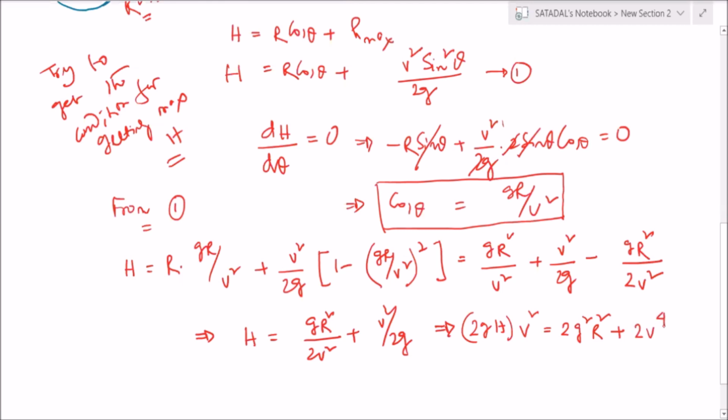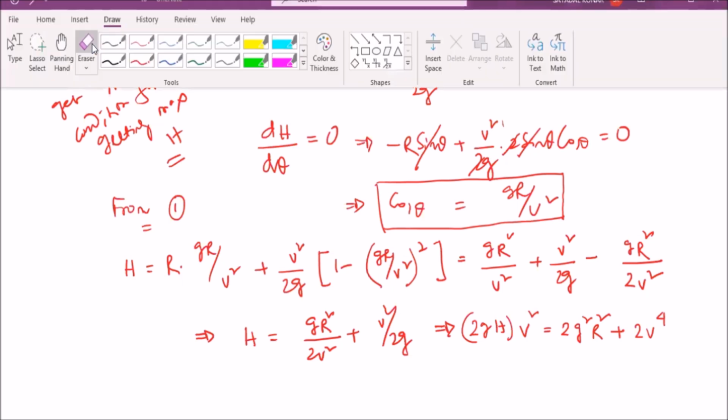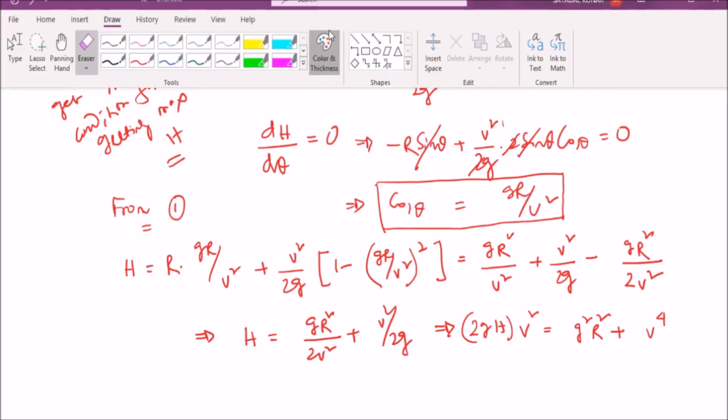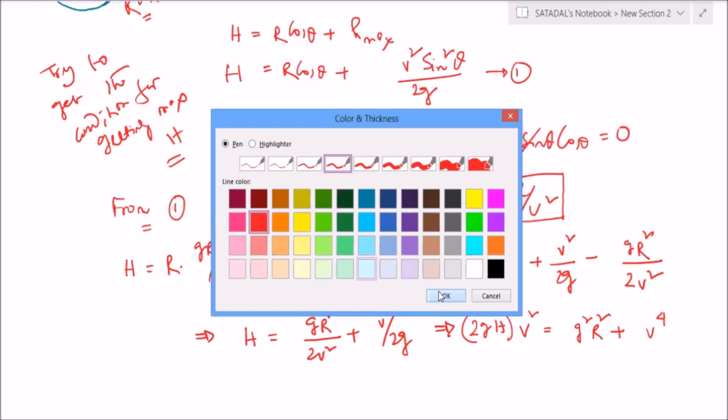Is that coming? Confirm me once. Oh, no, the 2 factor will not come. Sorry, without the 2 factor it will come. I think this only is coming. Check the calculation and confirm me once. Is that okay?